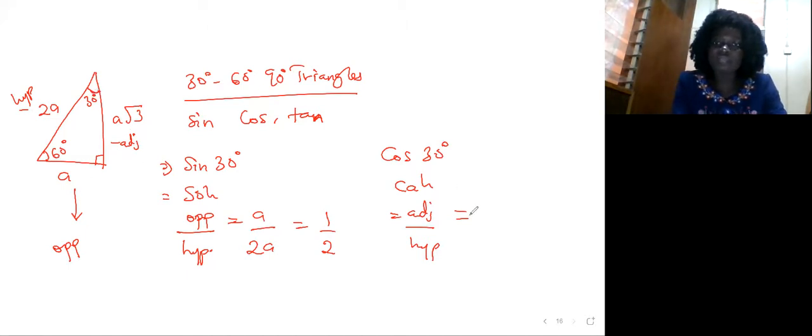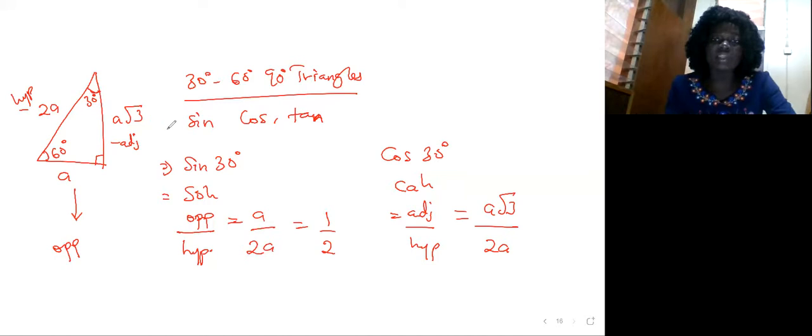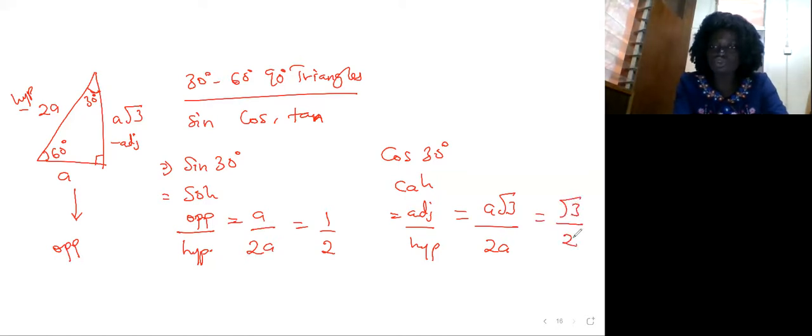So A root 3 over hypotenuse 2A. So A root 3 over 2A. Simplifying this, the A's cancel out, and you are going to get root 3 over 2. That proves our answer for cos 30 as root 3 over 2.